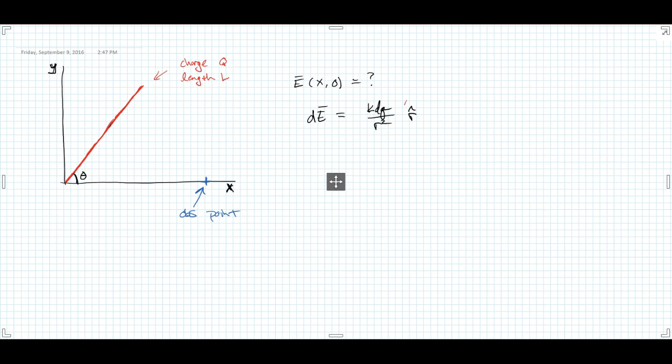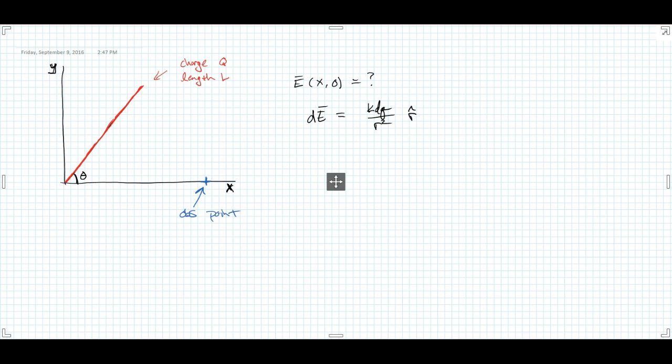And if I have a direction vector that points from the charge to my observation point, I can also determine the direction of that field. So we have to use this, which is only true for point charges, to figure out what the electric field is due to the line charge.